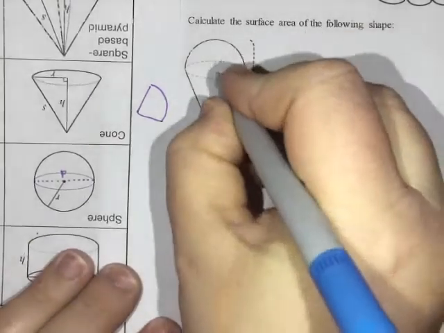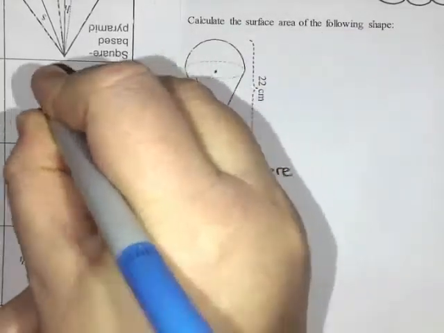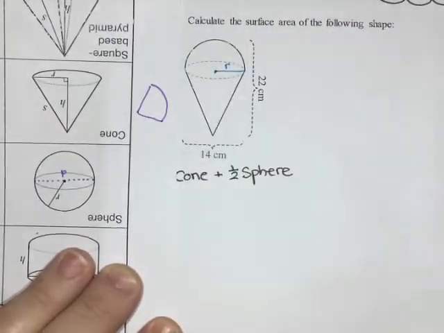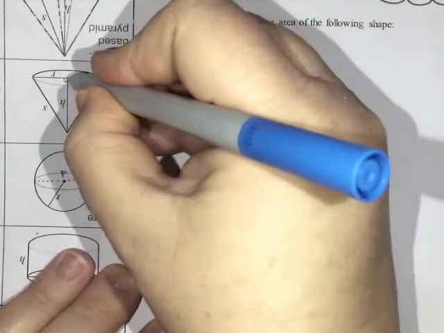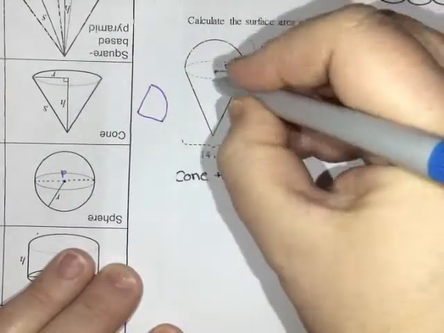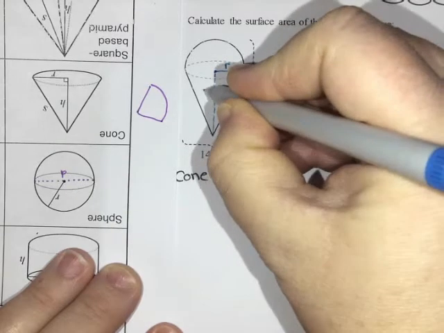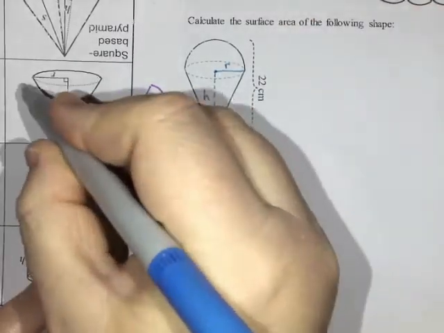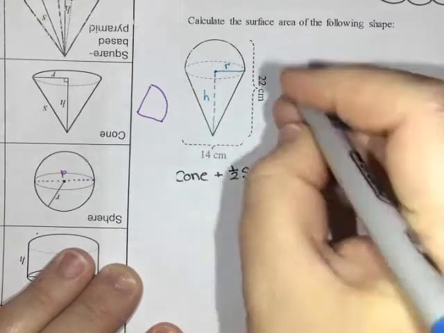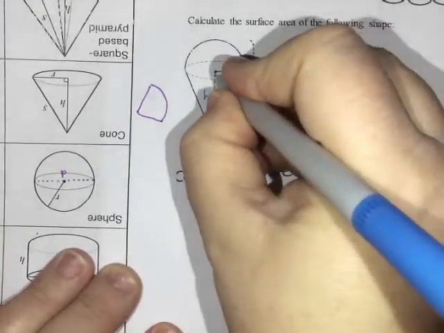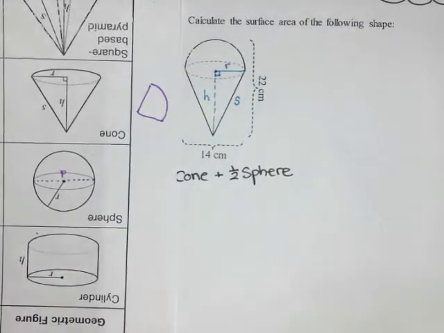So on my shape, from the center to the edge of the circular part is the radius. And then from that center to the tip of the cone on the inside, that's my height. And then the outside slanted edge, that's our S. And these meet at 90 degrees.